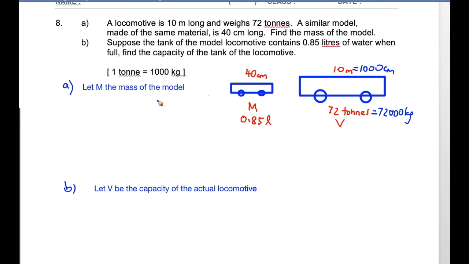Therefore, we need to work out the ratio of volumes, which is actually the ratio of the corresponding lengths, converted to the same units, cubed, which is 1/15625.